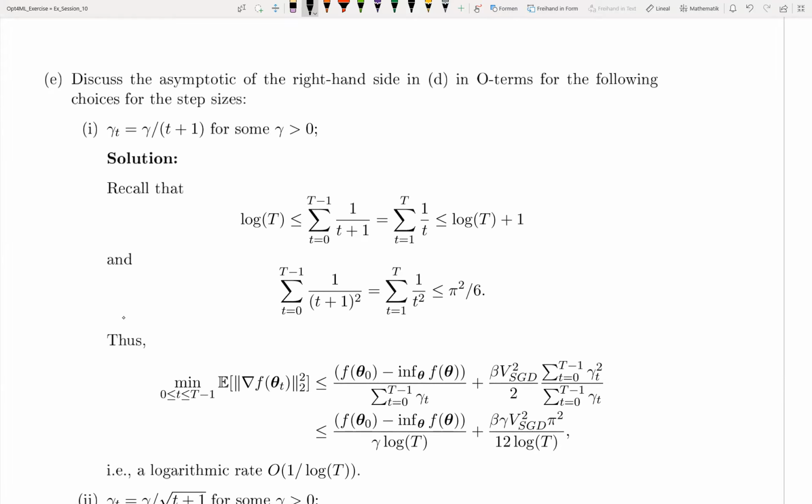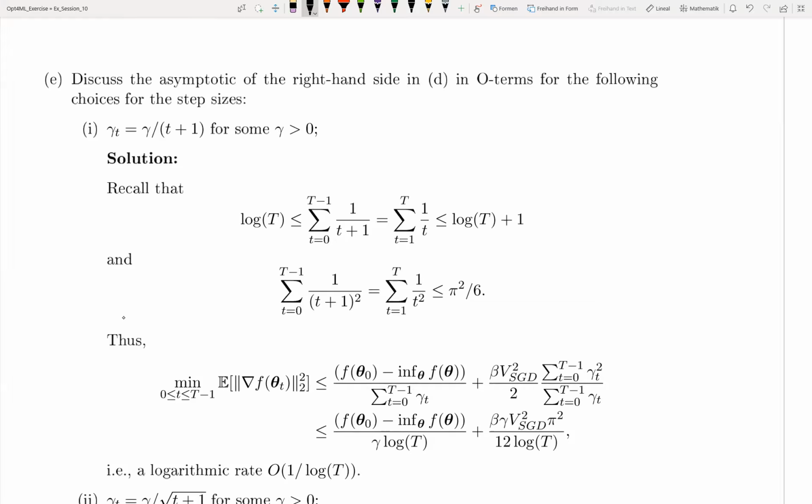What about the series where we are summing up the squares, 1 over t squared? Here, we only need an upper bound for that. And an upper bound for that is simply the limit value.